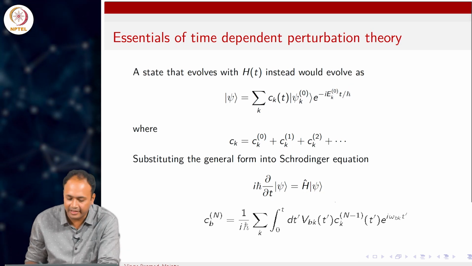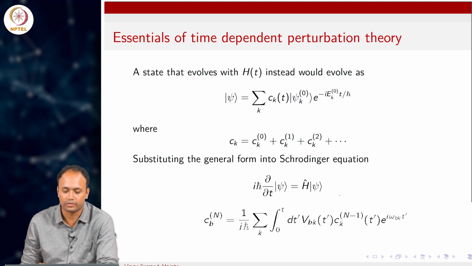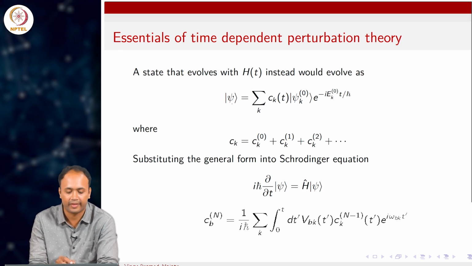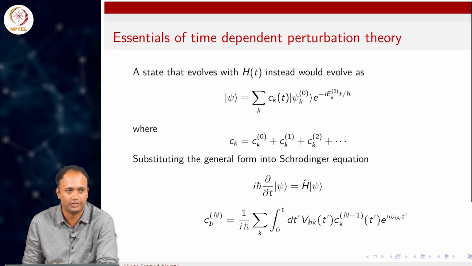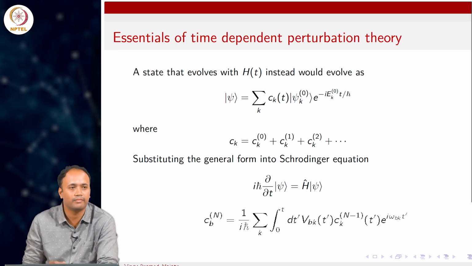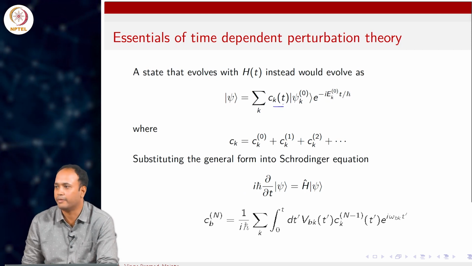The eigenstates still span the complete space, so I can write the general state as a superposition of the eigenstates of H naught with this same phase factor, but you make these coefficients time dependent.